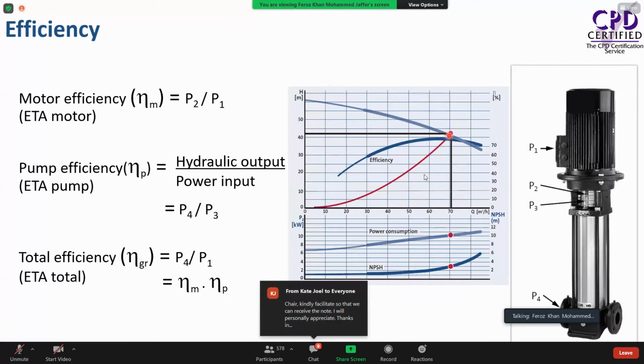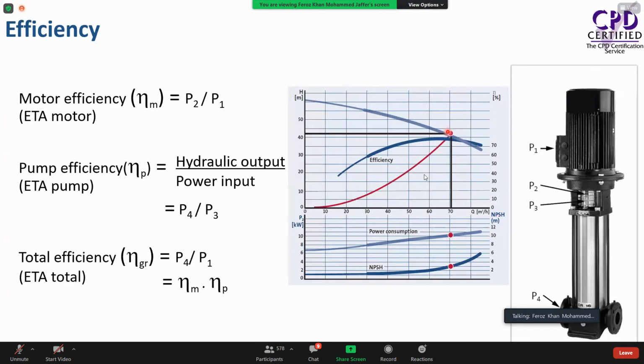We know the Q, we know the head, so we can calculate the power required or the hydraulic output. So hydraulic output divided by power input, which means P4. P4 is our hydraulic output, and P3, or we can also consider P2, because we discussed P2 and P3 will more or less be the same. So P4 by P3 gives the pump efficiency.